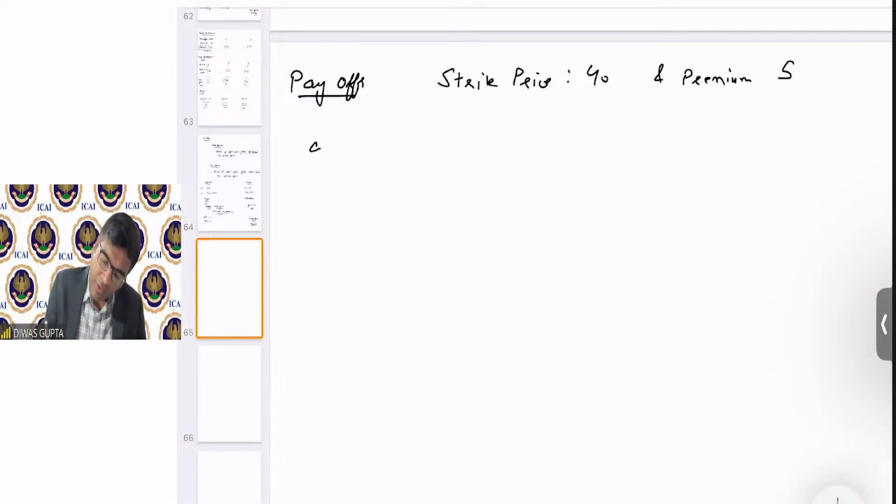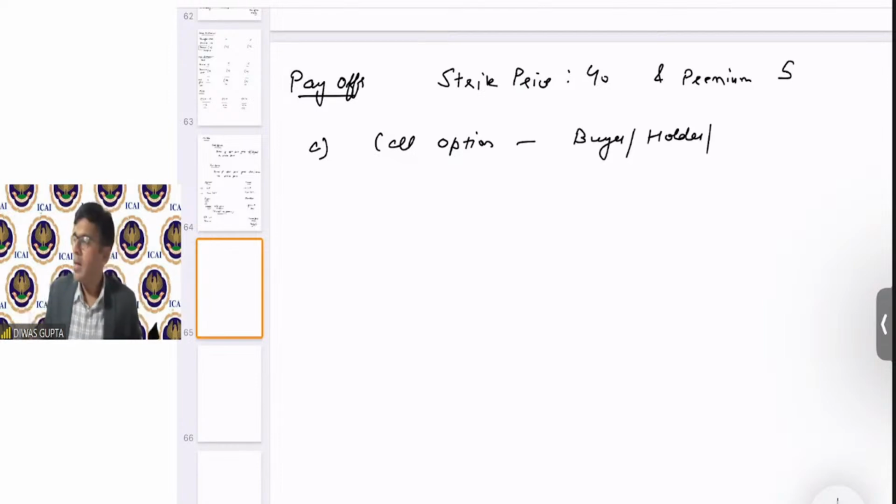And here we are talking about a call option. The first part is a call option from the perspective of the buyer or holder. And today we are introducing a new term to it.